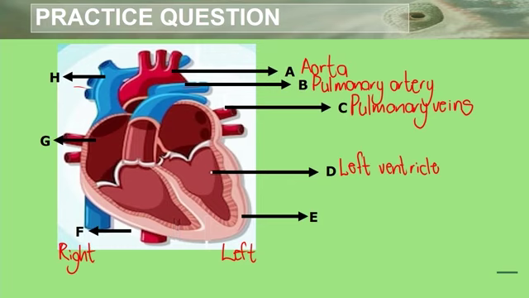Then we have E pointing to the wall of the ventricle. So we will say this is the wall of the left ventricle.